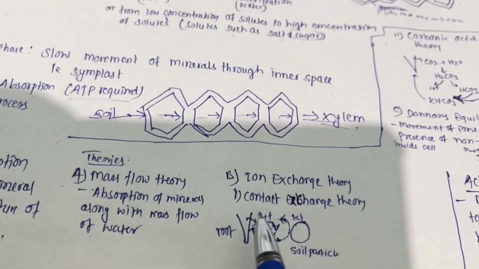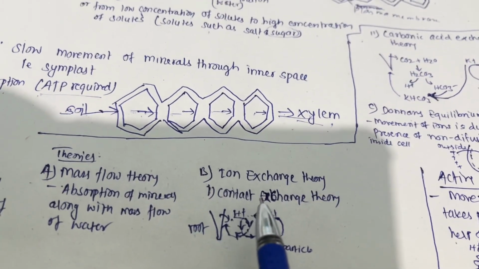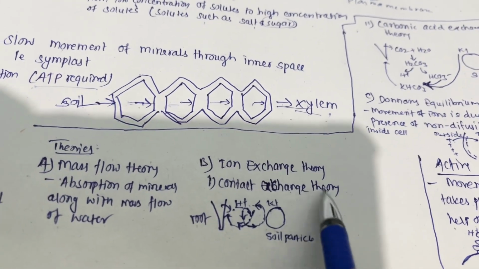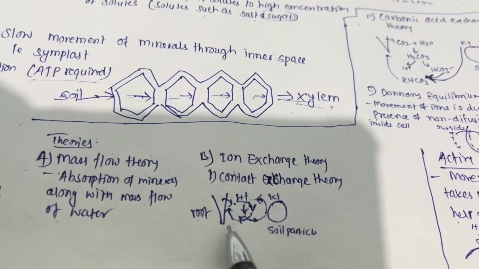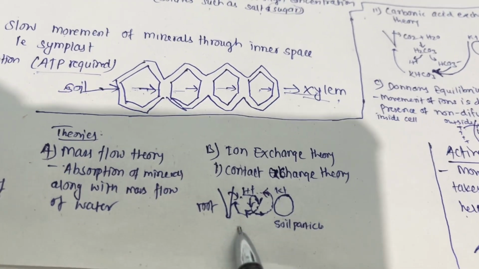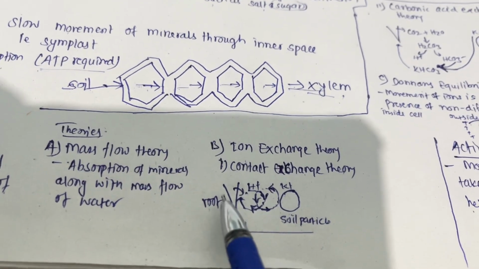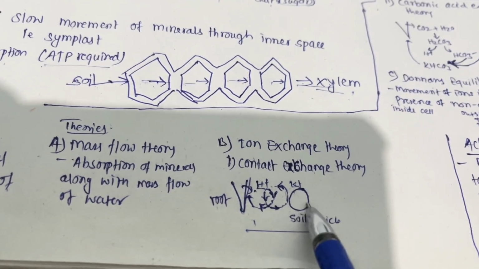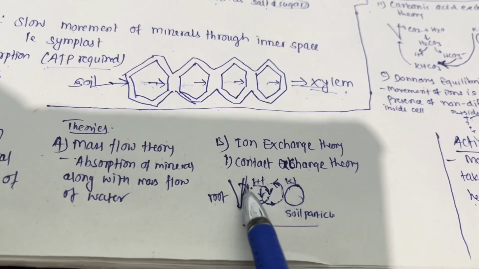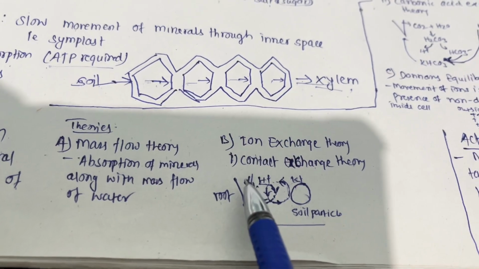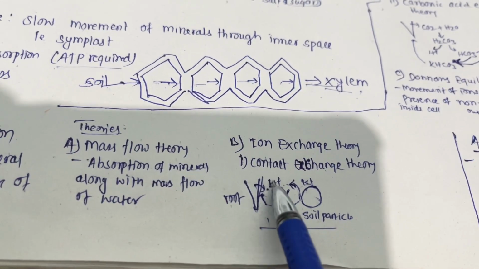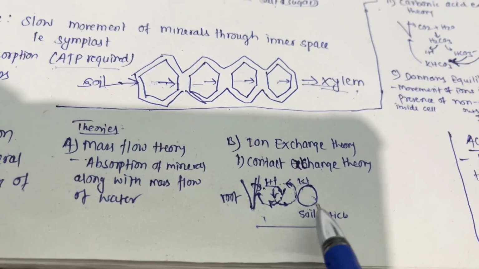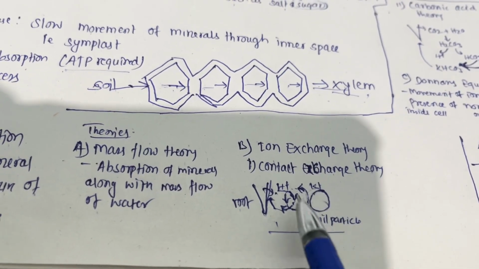Another one is the ion exchange theory. This theory has two concepts, and the first one is the contact exchange theory. We will get this from this example. Here this is the root and these are the soil particles. From the root there is the release of hydrogen ion, and from the soil particle there is the potassium ion.